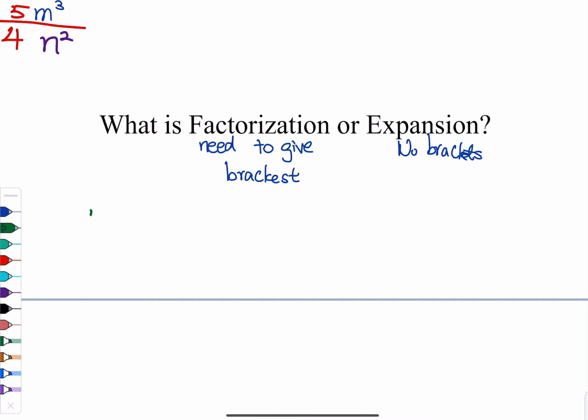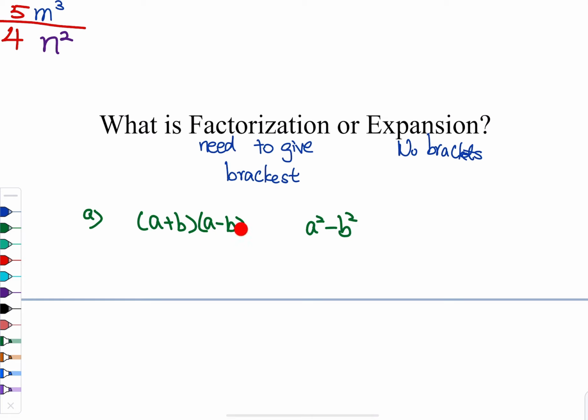For example, my question is a plus b, a minus b, and then a square minus b square. Now, can I tell which side is factorization and which side is expansion? This one has a bracket, right? So this is called factorization. This one does not have any bracket, so this is called expansion.